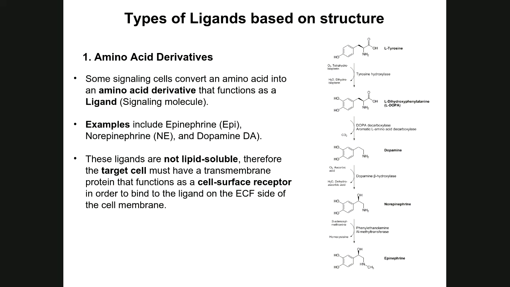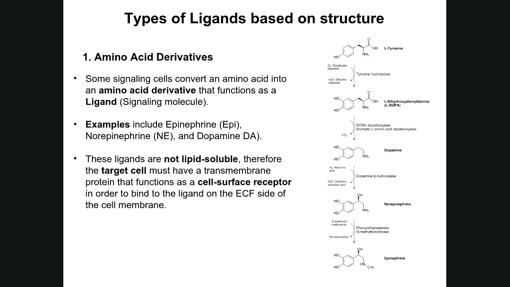Next part has to do with types of ligands based on chemical structure. Scientists, when they discovered these signaling molecules called ligands, wanted to uncover their shape or structure.